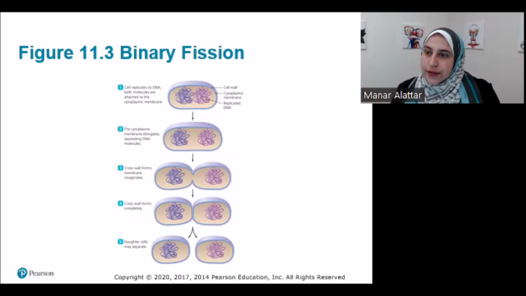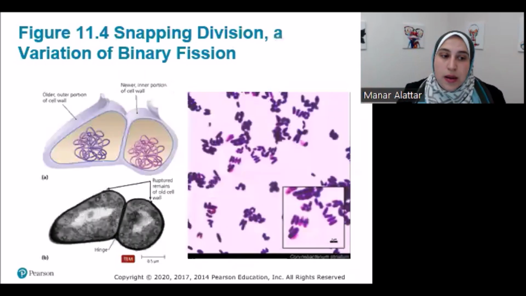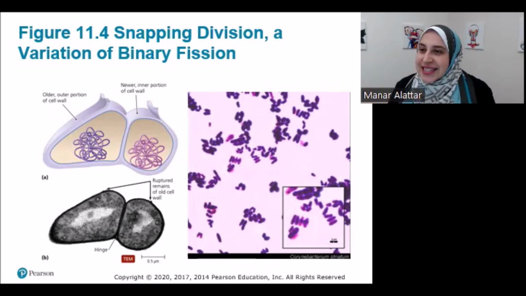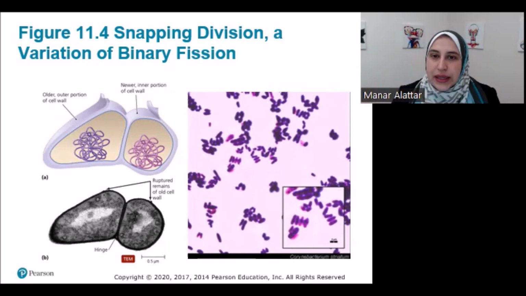So we said binary fission is the most common method of reproduction in prokaryotes, but we have some other unique reproductive strategies that tend to be specific to various categories of organisms. For example, snapping division.